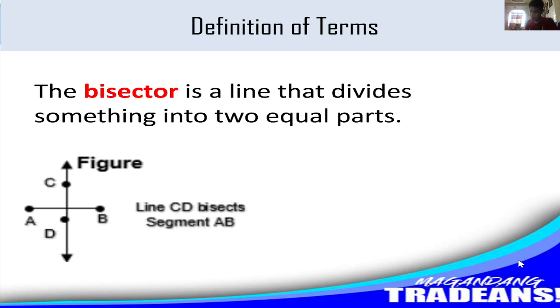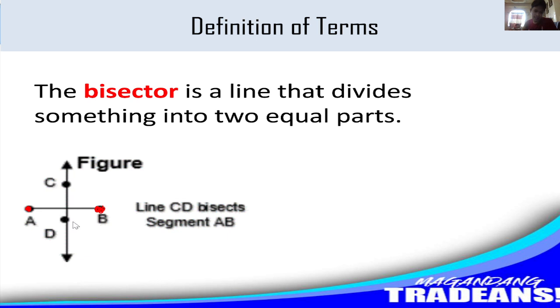Take a look at this example on the figure on the left side. So saan ba yung line dyan? So there are two lines here. We have a line with an arrow, which is called a line, and a line without arrow with two endpoints, ito po, that is a line segment. So itong line segment na po ito, meron po daw arrow or bisector dyan na nag-divide siya, which is bisector CD.